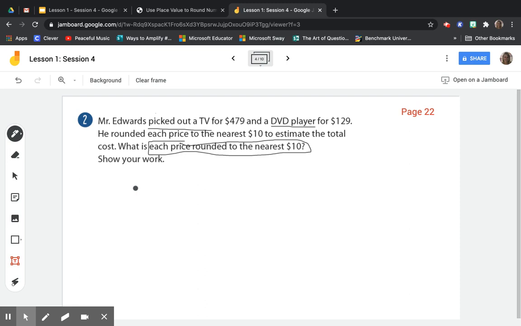All right, third and final read. Mr. Edwards picked out a TV for $479 and a DVD player for $129. He rounded each price to the nearest $10 to estimate the total cost. What is each price rounded to the nearest $10? I'm looking for my numbers. Now, this one's tricky.